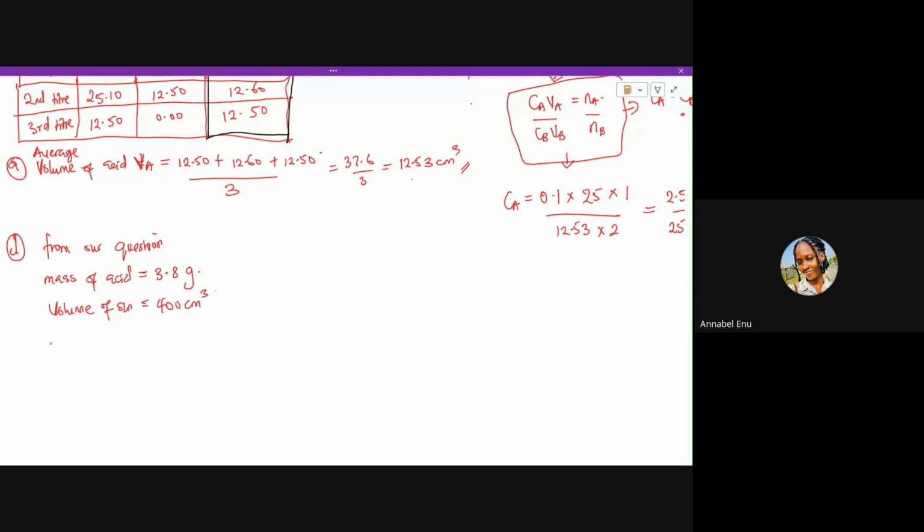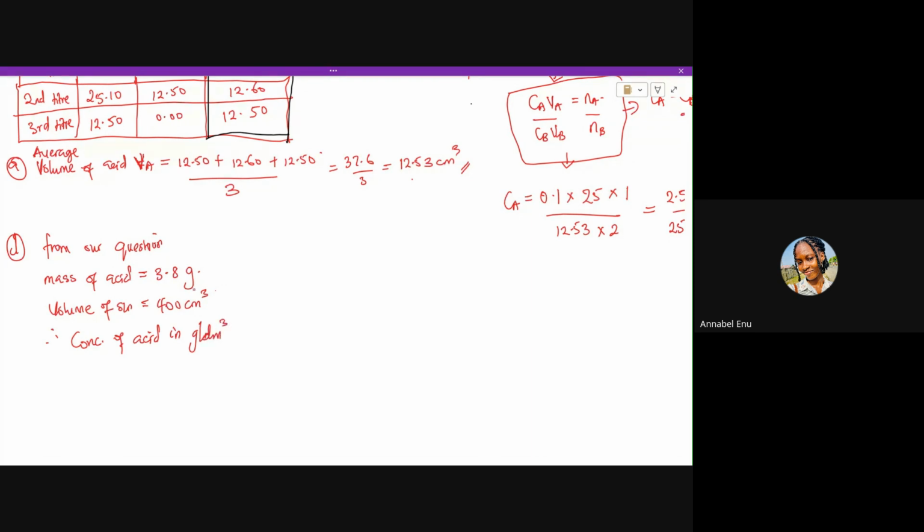But then they said we should find concentration. It's going to be mass concentration because of the units. We'll know that it's mass concentration they're actually looking for. So we should find the concentration of acid in gram per dm cube.